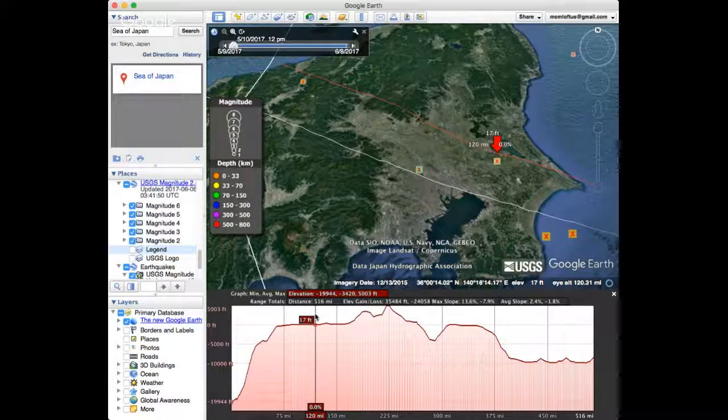What was the depth again? 43.25. All right, it gets tremendously deeper as you get closer to the trench.